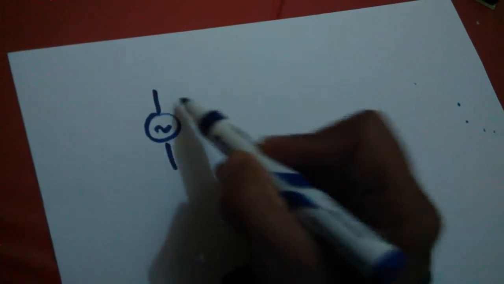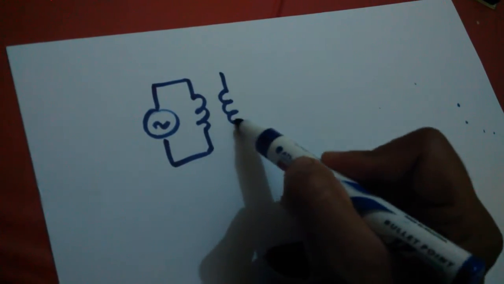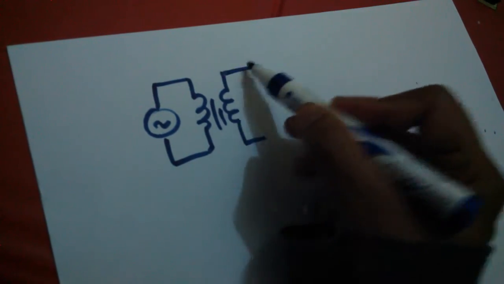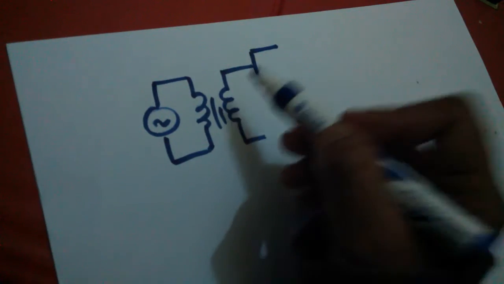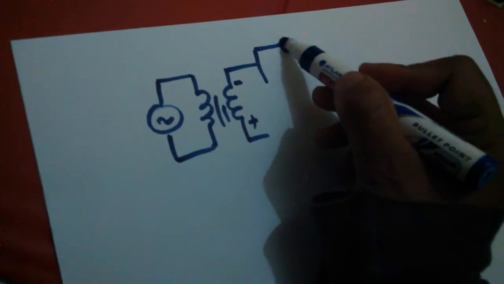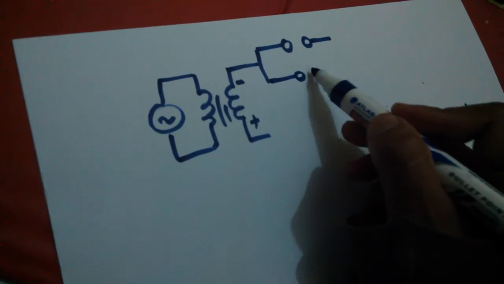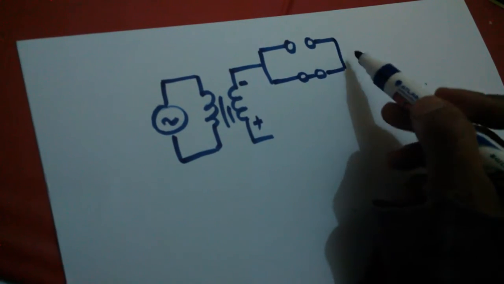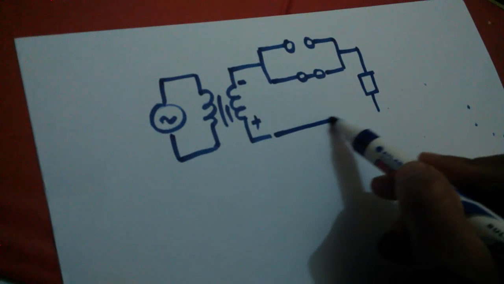Now during the next half cycle, when polarity is reversed, here will be negative, there will be positive. So this thyristor T1 will be off and T2 will be on, and the direction of load current will now be reverse of the earlier direction.